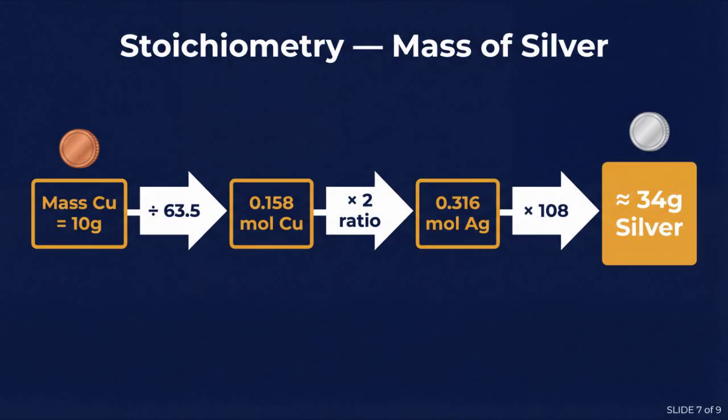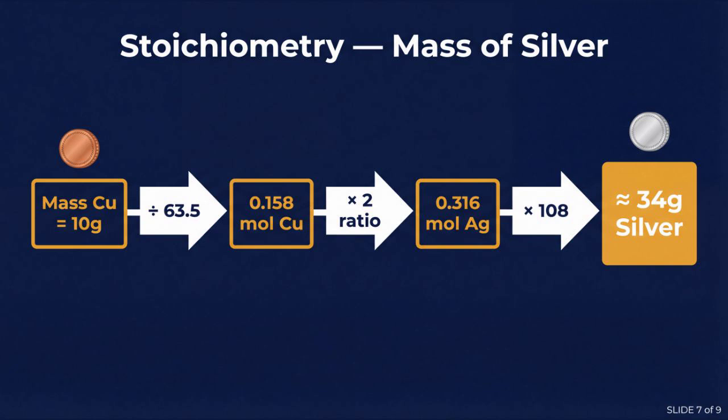Nearly there. Question 6. If we put 10 grams of copper into silver nitrate solution, how much silver do we collect? First, convert mass to moles. 10 divided by 63.5 gives about 0.158 moles of copper.